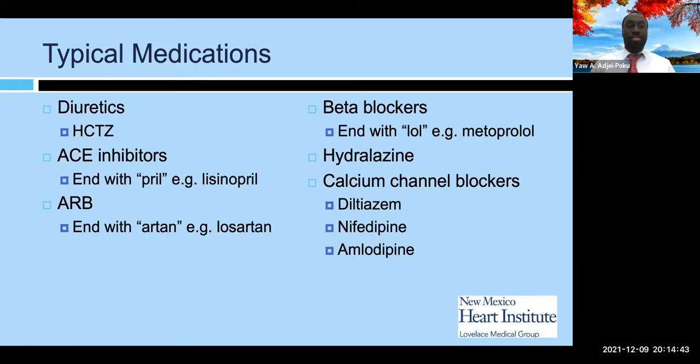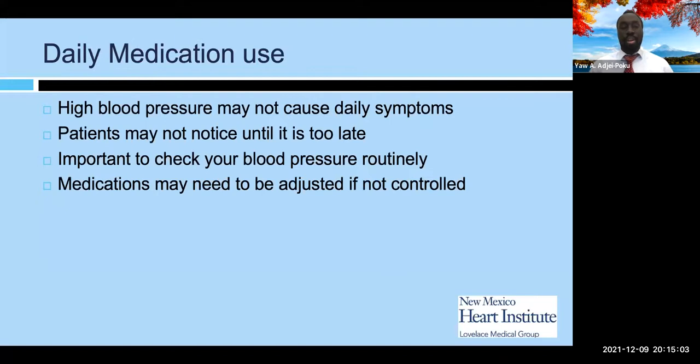These are all different classes of medications that a physician may use. Sometimes a patient may need one medication, sometimes they may need 2 or 3 to control their blood pressure. But what I wanted to do is outline the types of medications in case you know someone that is on them or you're on them, to understand what they're for and how they're used.